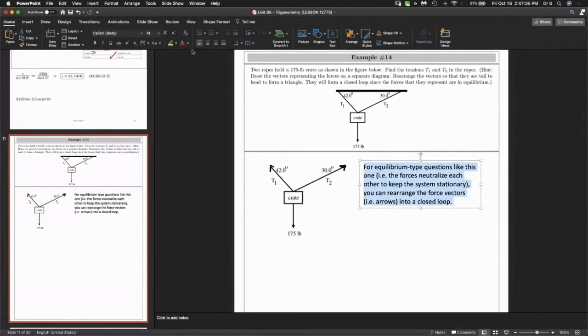For people that have not studied physics, this is kind of like my cheap version of what you do for questions like this. So we say this is an equilibrium. And all equilibrium means is that if this was an animation and you press play, this thing is not going to move. Because if it moves, it's not an equilibrium.